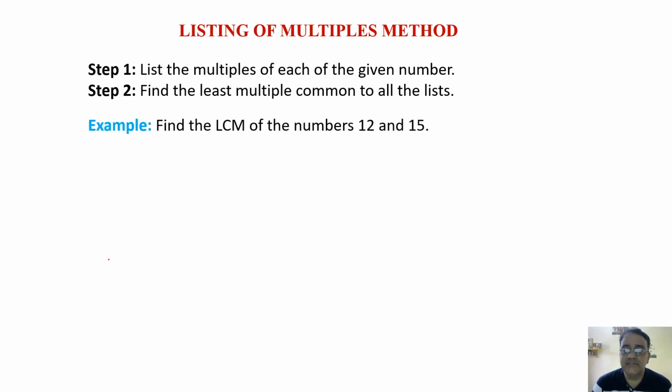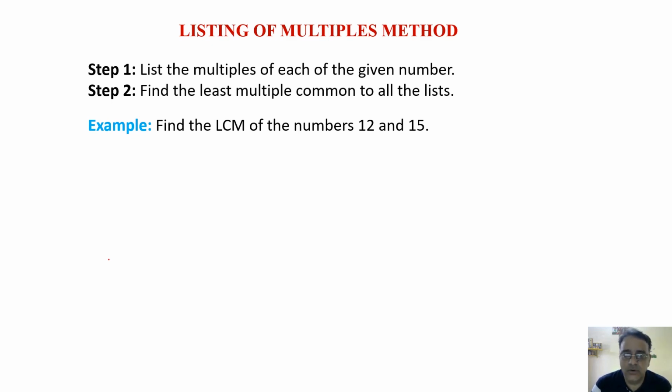Find the LCM of the numbers 12 and 15. So what are the multiples of 12? Sir, 12 into 1, 12, 12 into 2, 24, 12 into 3, 36, 12 into 4, 48, 12 into 5, 60, 12 into 6, 72.